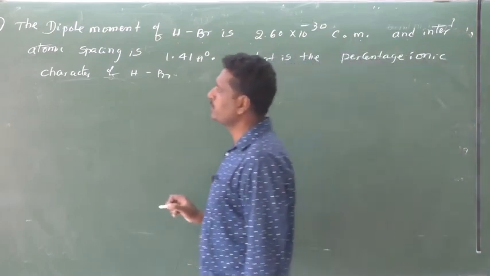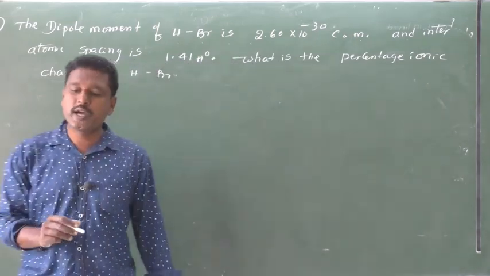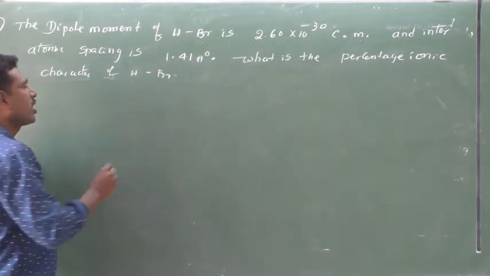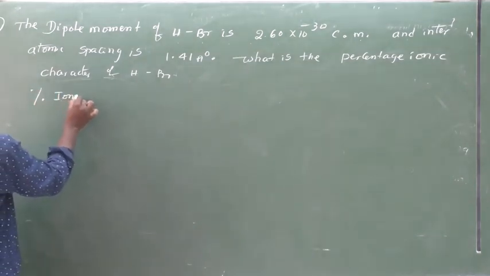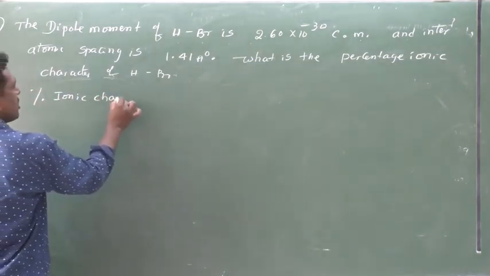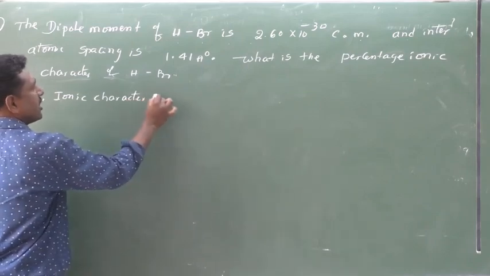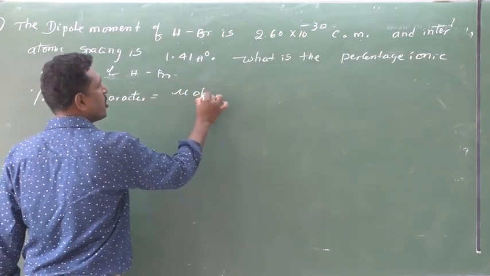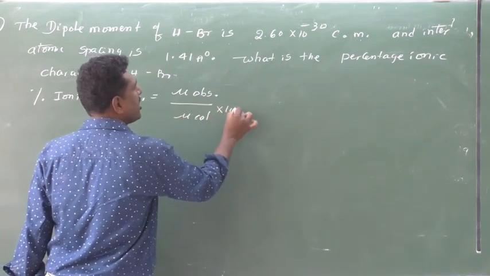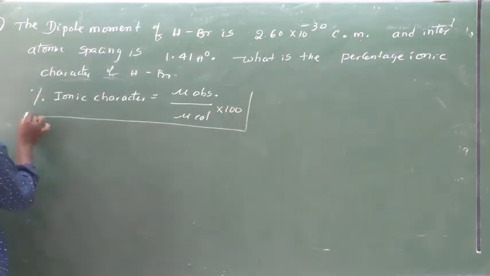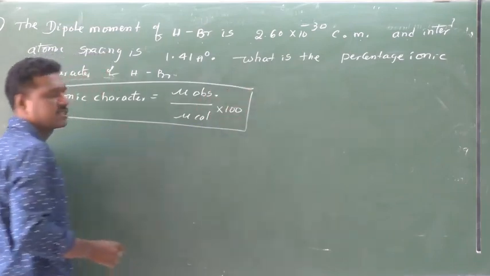Here the HBr molecule is there. Now we will write the first formula: percentage ionic character equal to mu observed by mu calculated into 100.